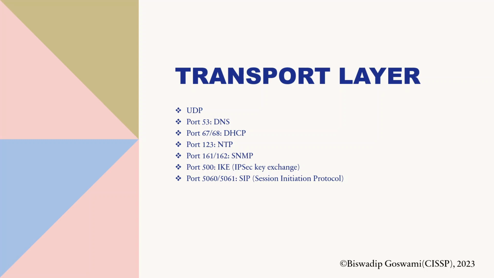Some common UDP ports are port 53 for DNS, ports 67 and 68 for DHCP, port 123 for NTP, ports 161 and 162 for SNMP, port 500 for IPsec key exchange, or IKE, and ports 5060 and 5061 for SIP, or Session Initiation Protocol.